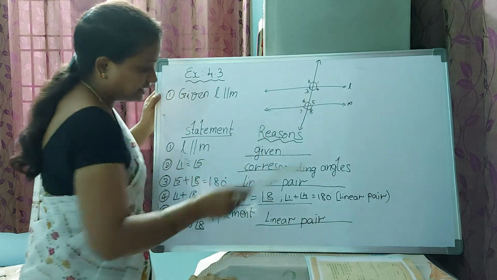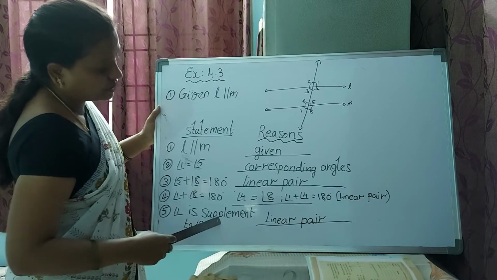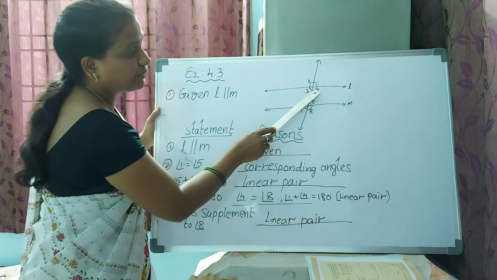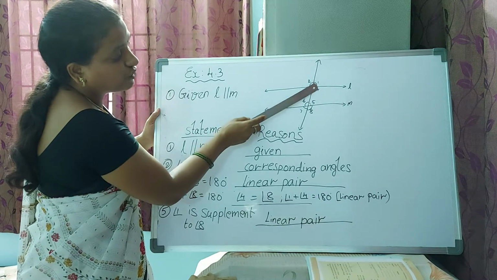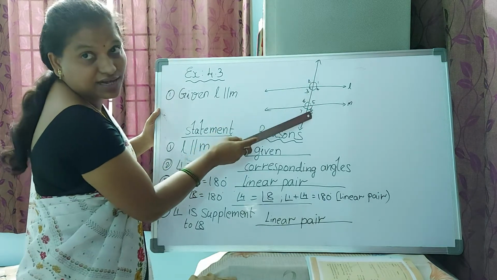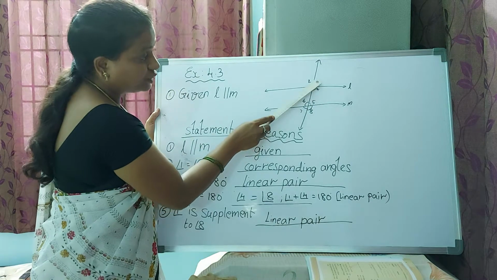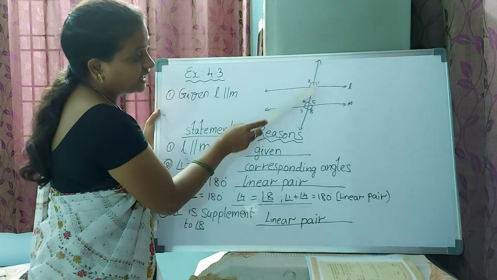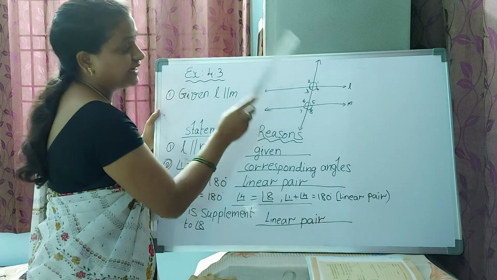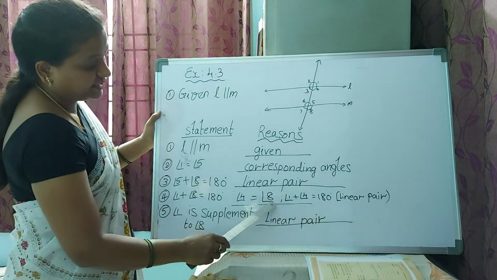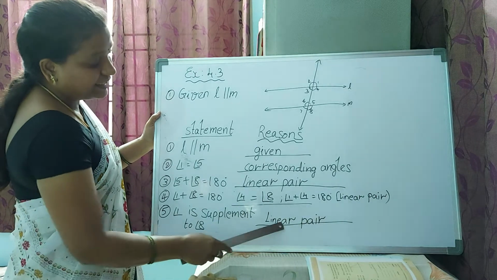Angle 1 plus angle 8 is equal to 180 degrees because it is also a linear pair. Angle 1 and angle 4 form a linear pair, and instead of 4 we can write 8 because corresponding angles are equal. So angle 1 plus angle 8 is equal to 180 degrees; they form a linear pair.